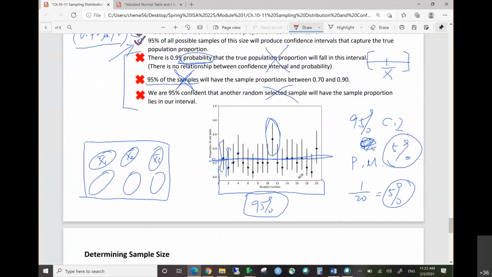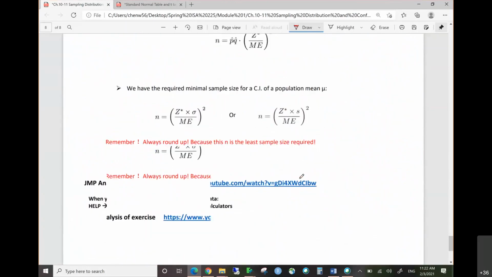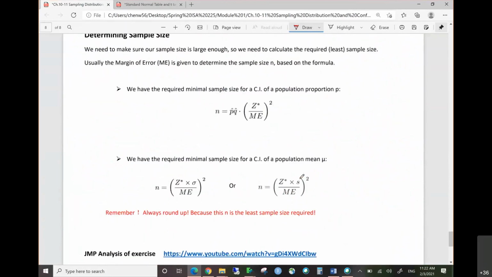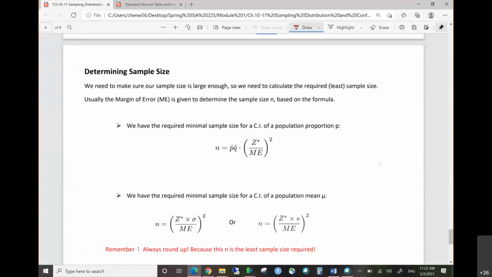The last thing I want to talk about is determining the sample size. For this part, there's nothing special. We just have two formulas: one for the sample size for the proportion, and another for the population mean.